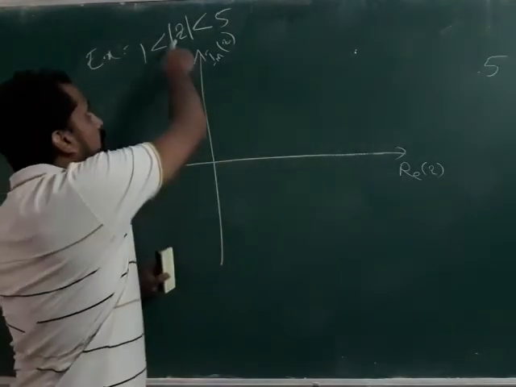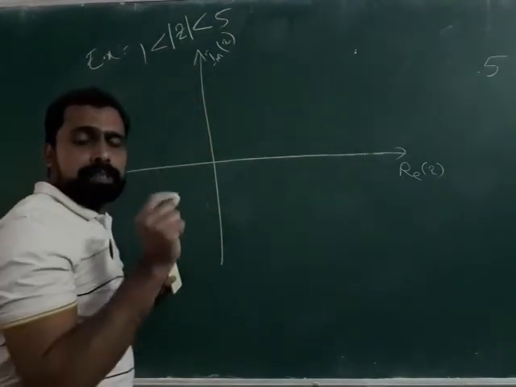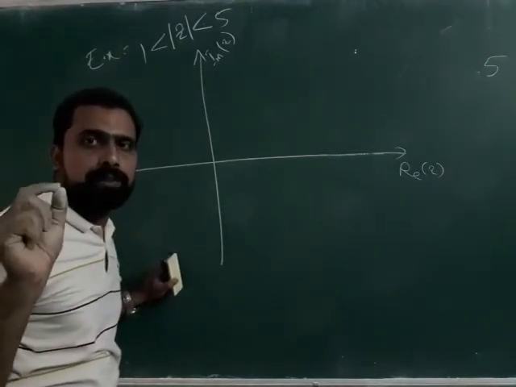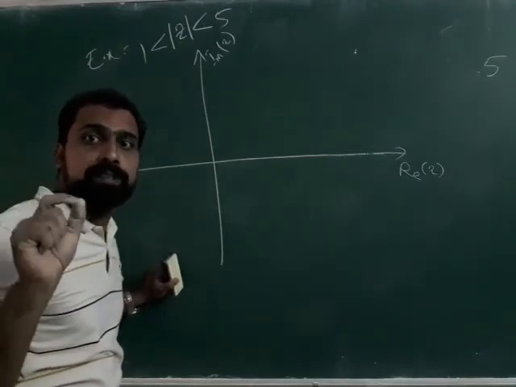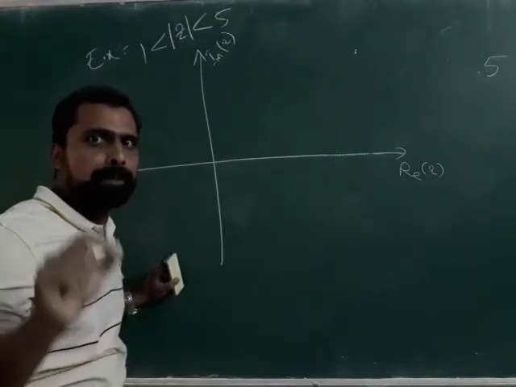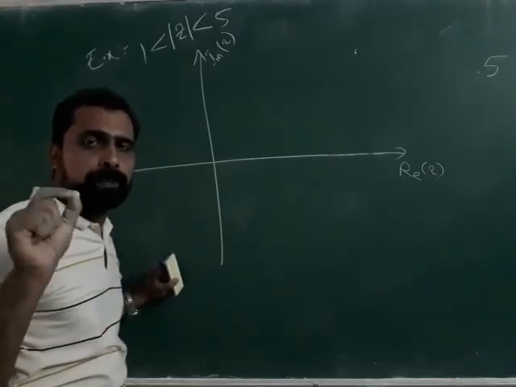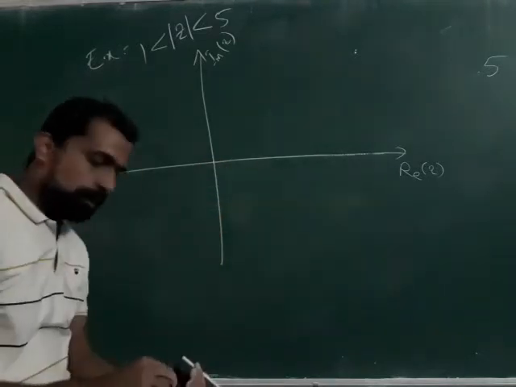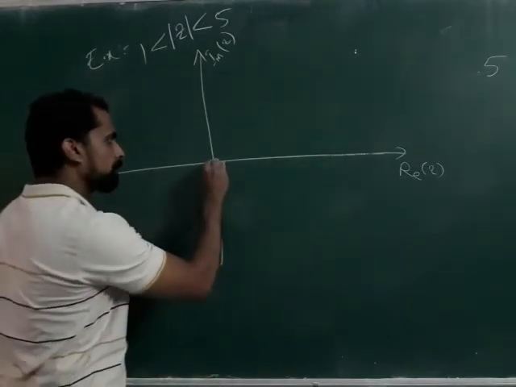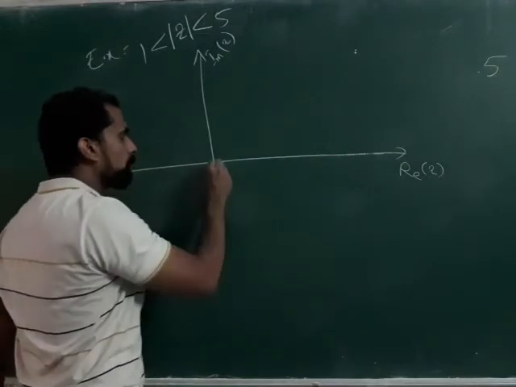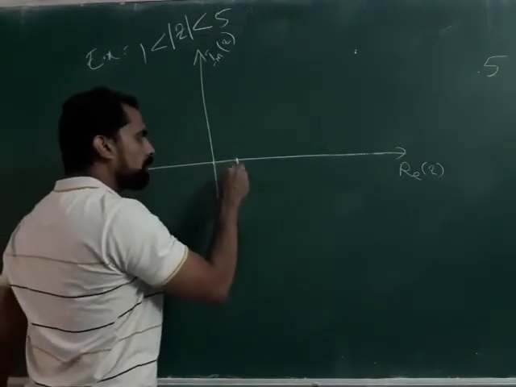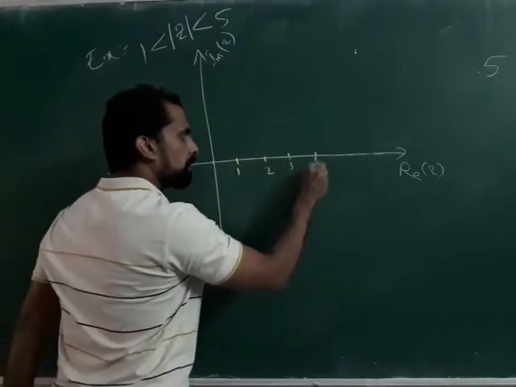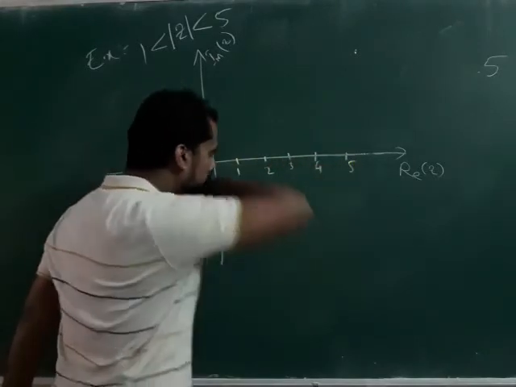Actually, here it is simply mod z. It is not mod z minus z0, so you don't have to worry, because your z0 is 0. So we will take a point from the origin. You go for 1, 2, 3, 4, 5.